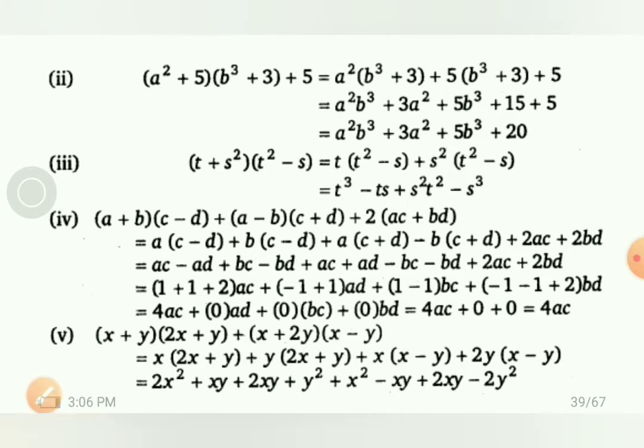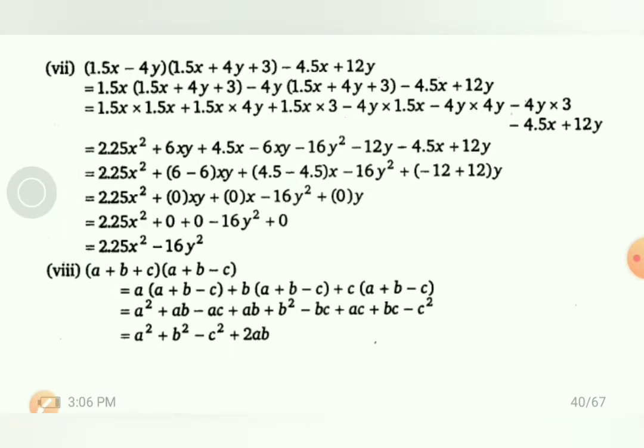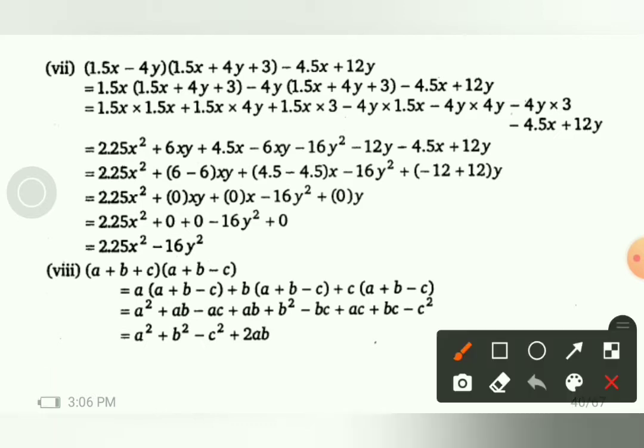Similar fashion you have to solve all the other sums. Let's see 8th sum. It says that you have to multiply a plus b plus c by a plus b minus c. So first, you have to take this x term and multiply it with the whole a plus b minus c.